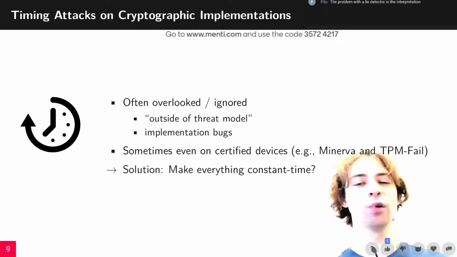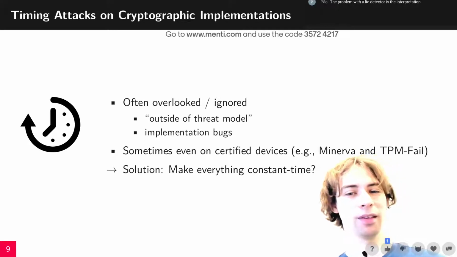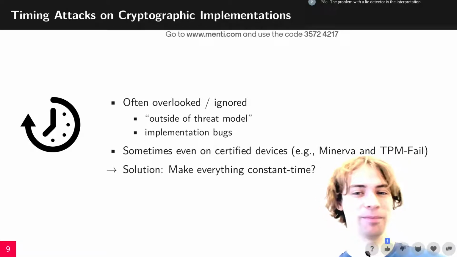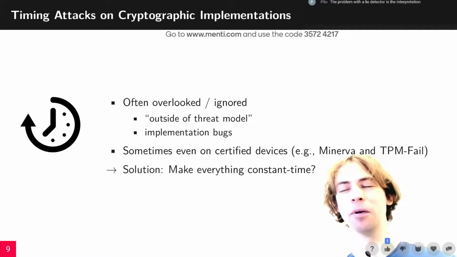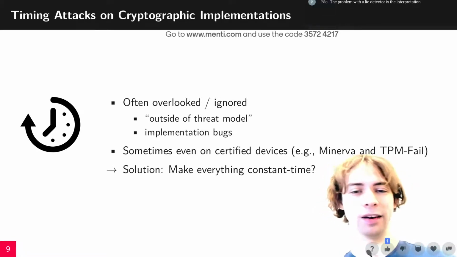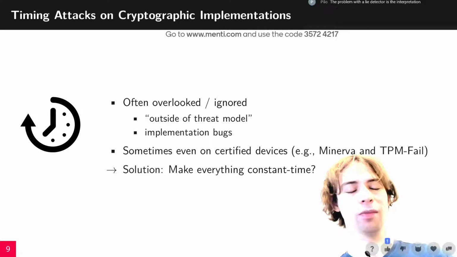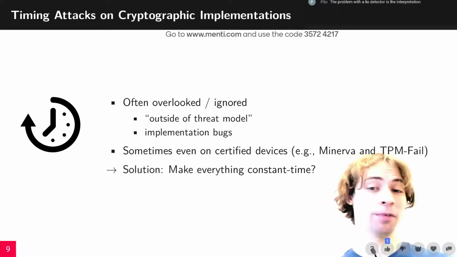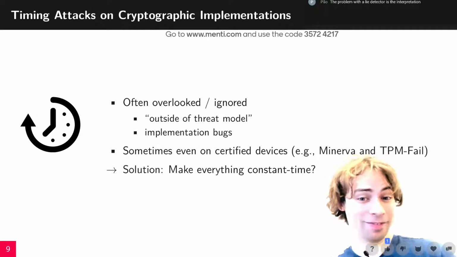Let's make it pseudo-constant time. So it's not really constant time, but most of the time you can't see a large timing difference, just very small timing differences. But then pseudo-constant time is also only pseudo-secure.